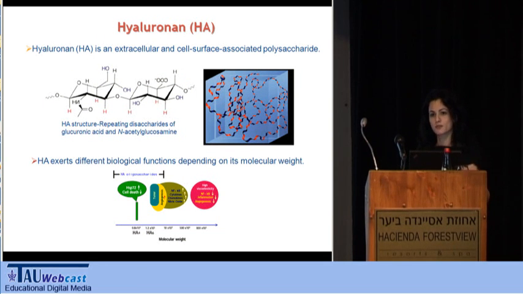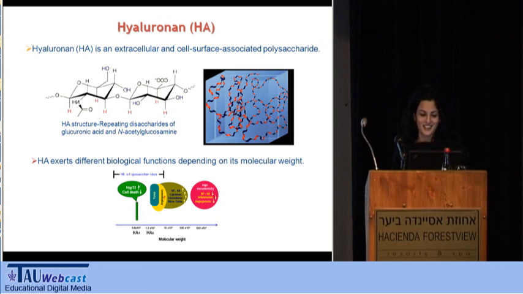It is composed of repeating units of disaccharides, N-acetyl-glucosamine and D-glucuronic acid. HA participates in joint lubrication, holding together connective tissues, but also in embryonic development, tumor development, inflammation, and tissue repair.